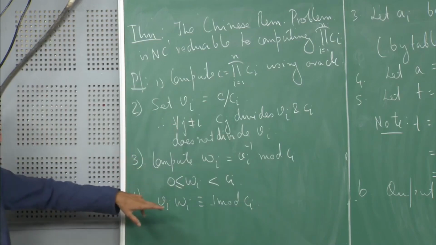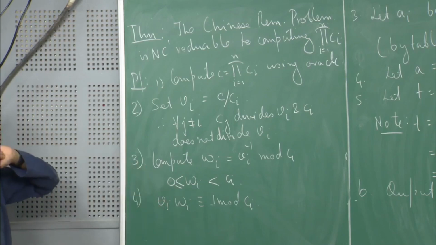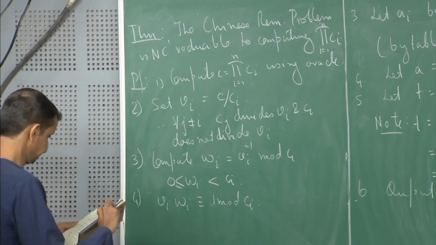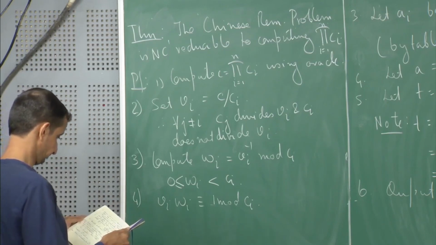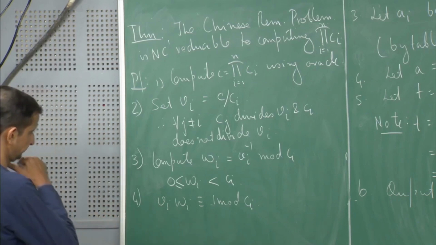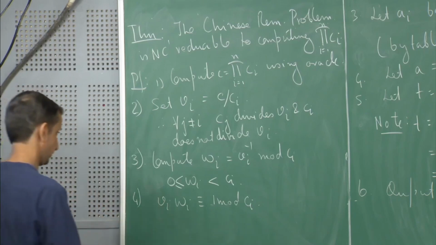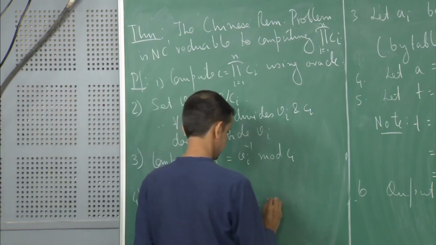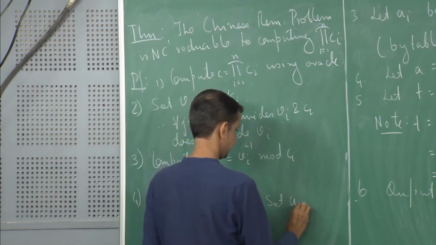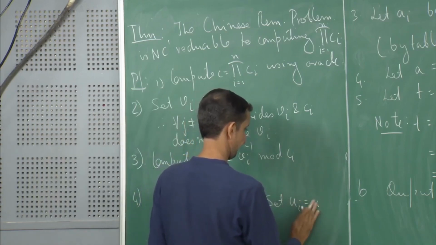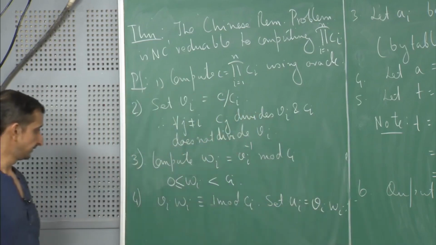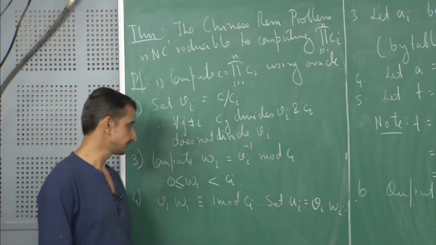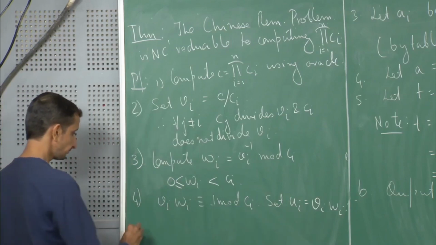What else can I say over here? I think it's okay for now, and let us just set this quantity, this product, as ui.